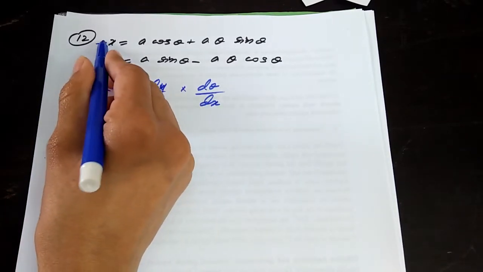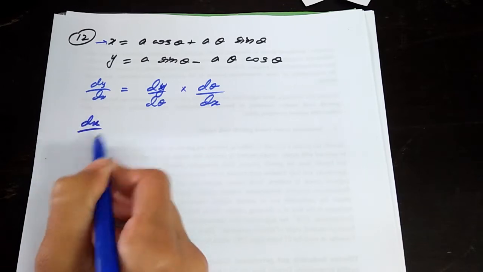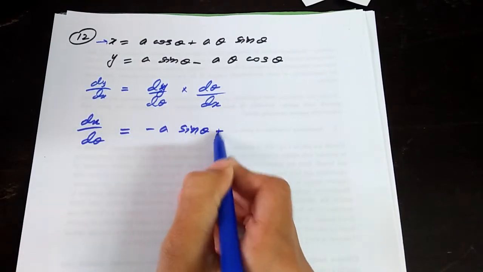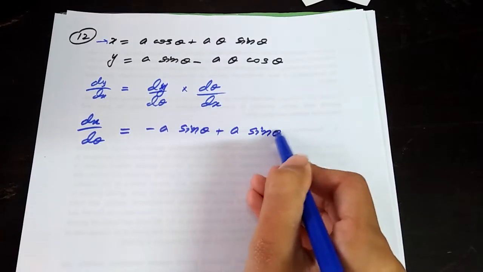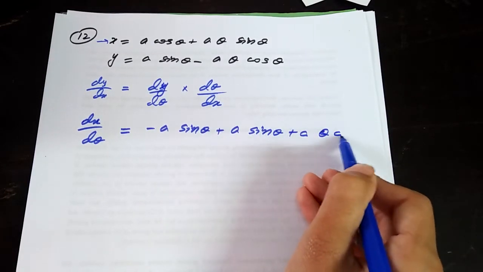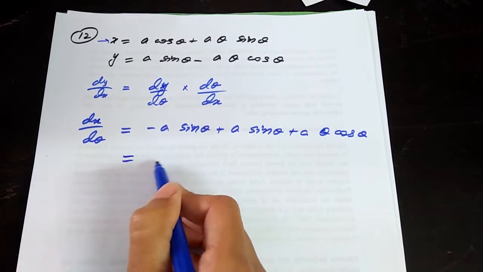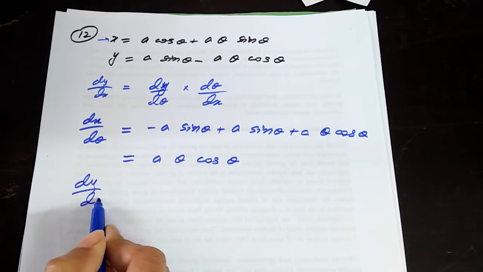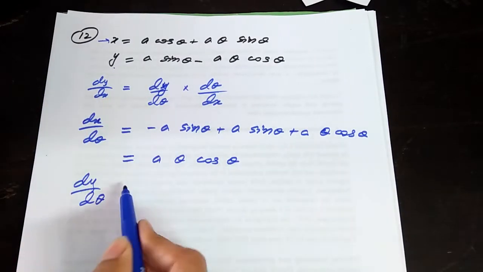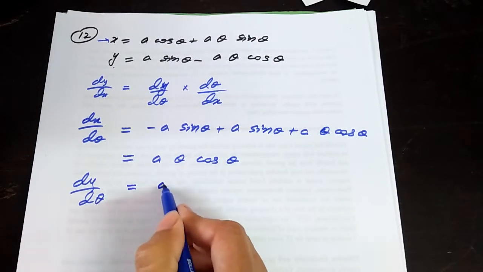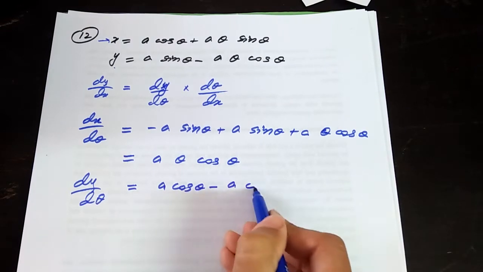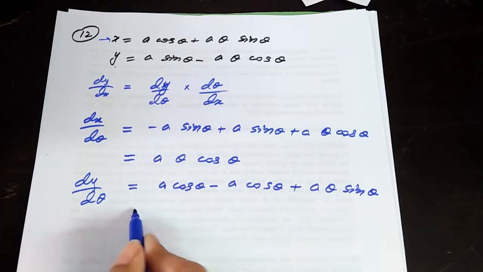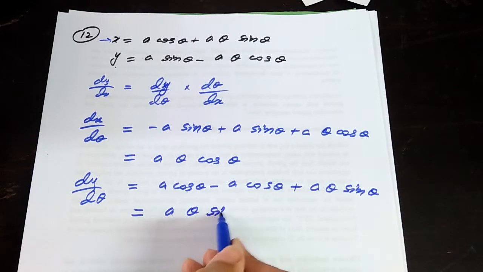From this equation, we can find dx by d theta, that is equal to minus a sine theta plus a sine theta plus a theta cos theta. This is equals to a theta cos theta. Now dy by d theta: differentiate this with respect to theta, we get a cos theta minus a cos theta plus a theta sine theta, so it will be a theta sine theta.